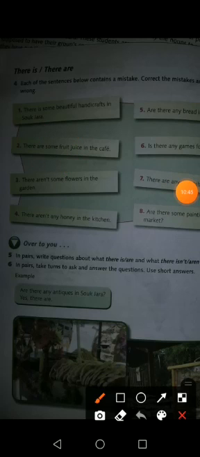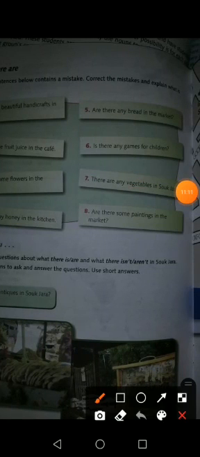So exercise number 3. There aren't some flowers in the garden. And number 4, there aren't any honey in the kitchen. Look, there aren't. And number 5, are there any bread in the market?